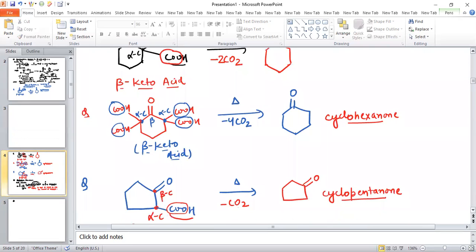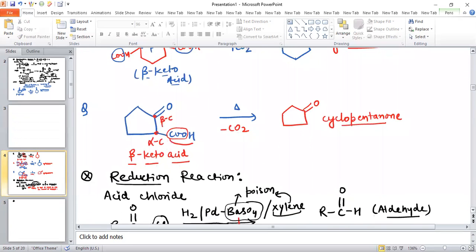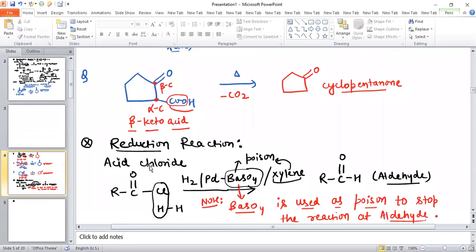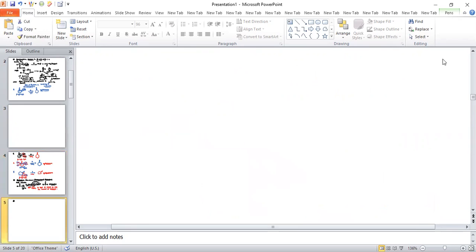So this is a reduction reaction, and when we use acid chloride, the name of this reaction is Rosenmund reduction. So this is the Rosenmund reduction.